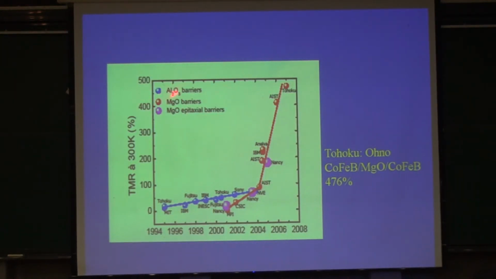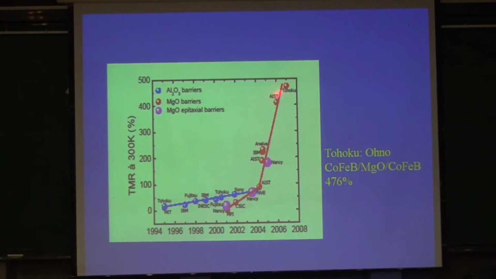But at that time, people used aluminum oxide as a barrier. It follows the Julliere model. However, later on, people identified that if you use MgO as a barrier, then suddenly you see the slope, like the aluminum oxide gradually increasing, hard working, but suddenly when MgO was introduced, they just jump like crazy.